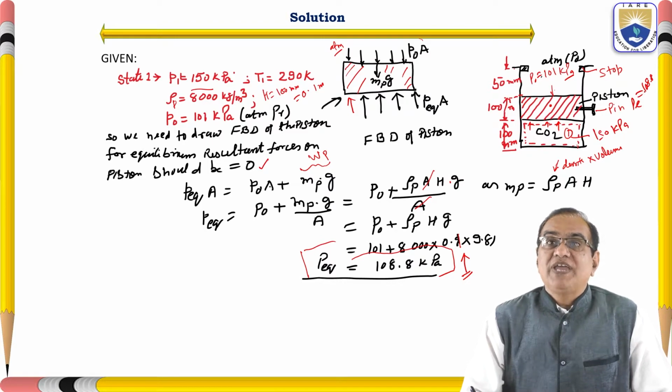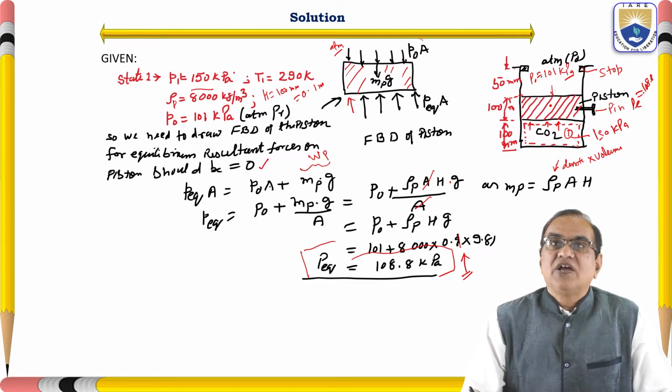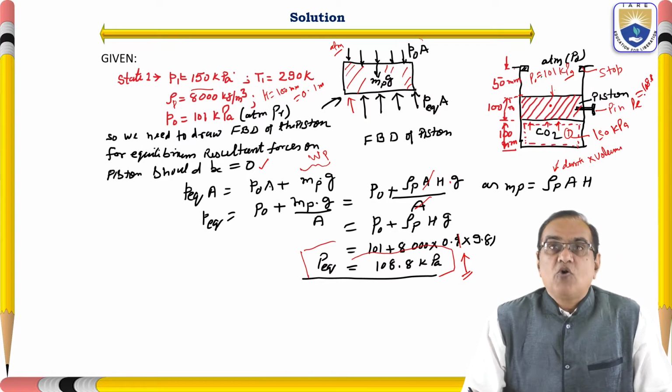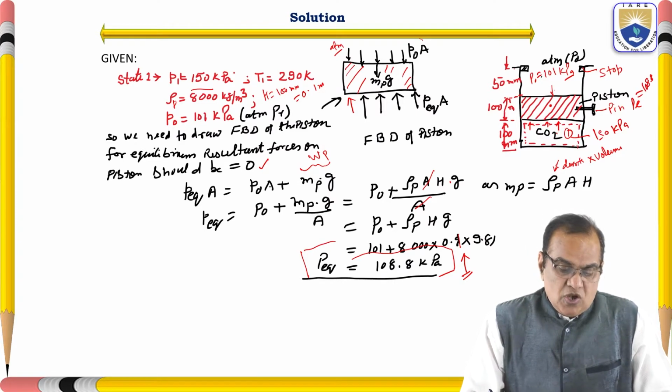So now we have to see how we can go ahead. This P1, which is 150 kilopascal, the piston wants to go upward because this pressure is more than this, go up.